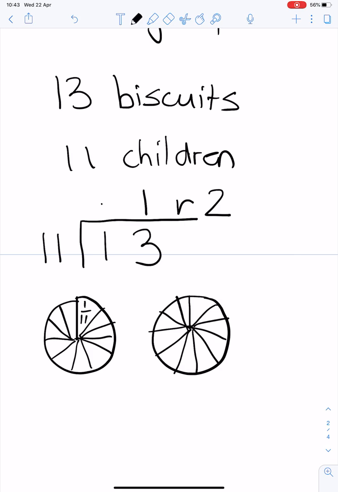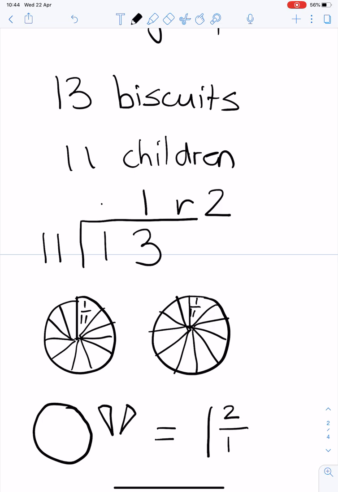So, if each child already has 1 whole biscuit and 1 out of 11 from the first biscuit and 1 out of 11 from the second biscuit, that means that each child will get 1 whole biscuit and 2 elevenths.